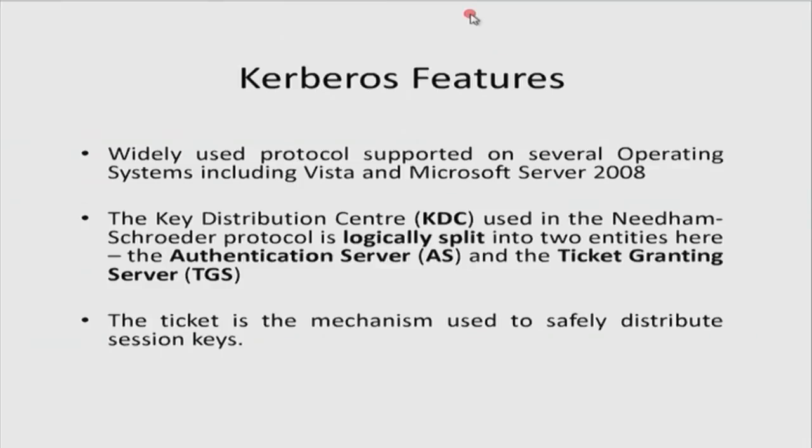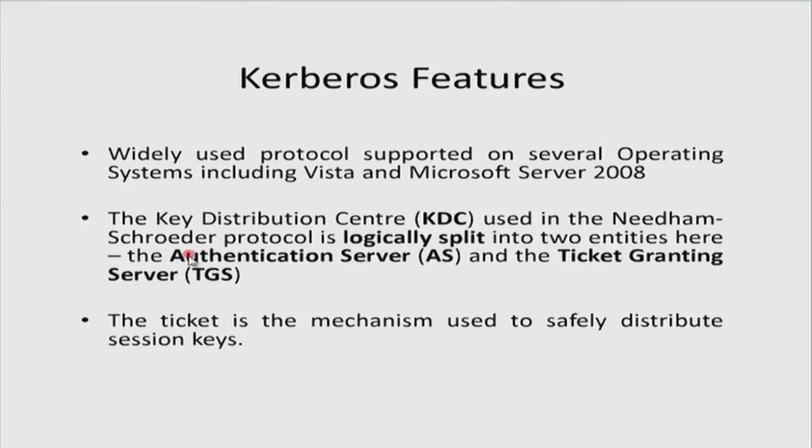So one solution to this is Kerberos. Again, this has gone through many different versions. This is a widely used protocol supported on several operating systems, including Vista and Microsoft Server 2008. The key distribution center that we talked about before is actually split logically now into two parts, logically not necessarily physically. It's split into two entities.